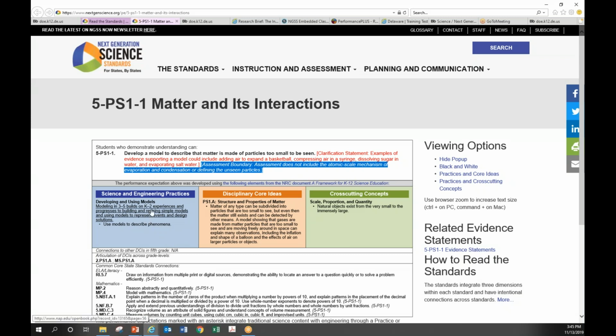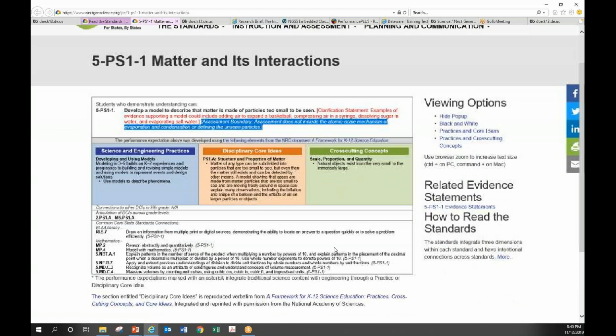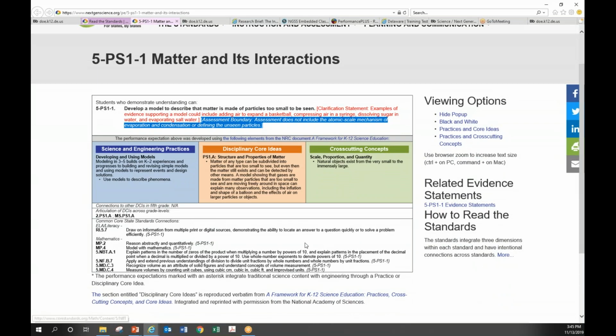So what exactly does that particular science and engineering practice look like? What does the disciplinary core idea related to that standard look like? And what are the cross-cutting concepts that are related to that standard? So a teacher who's trying to meet the standard would come to this particular page and look to see what are the expectations aligned to the standard, and that would give them a little bit more detail and background on that information.